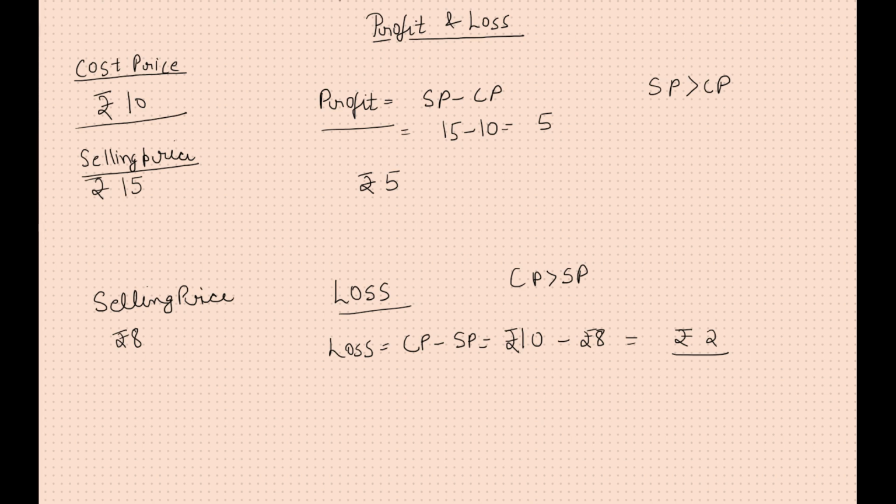And these two formulas can also be written as selling price equals profit plus cost price, and selling price equals cost price minus loss. So what is profit and loss, children?